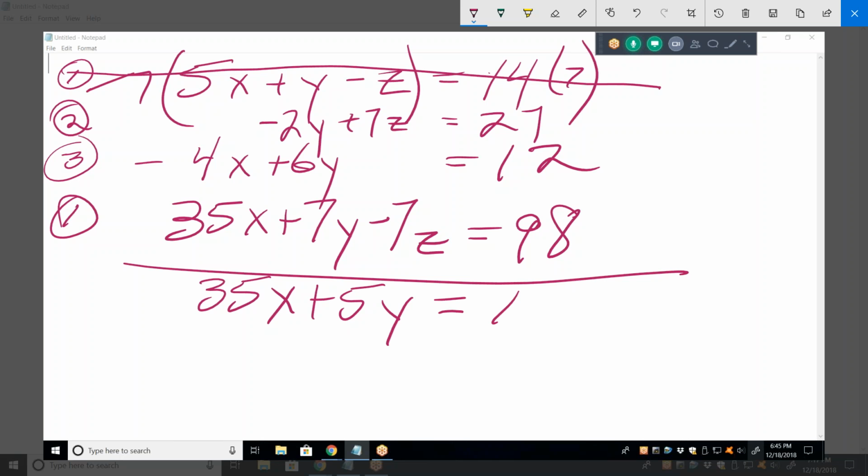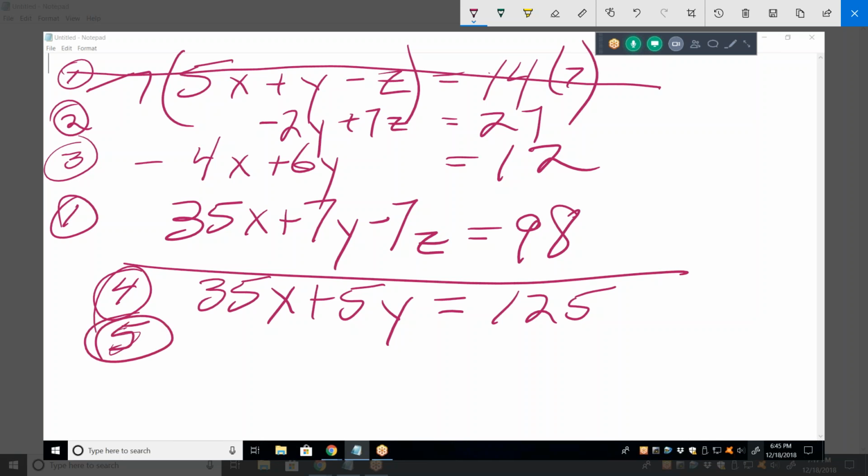$125. Okay, now that is called equation 4. The basic concept when you're doing 3 equations and 3 unknowns is to create an equation 4 and an equation 5 that have the same 2 variables.